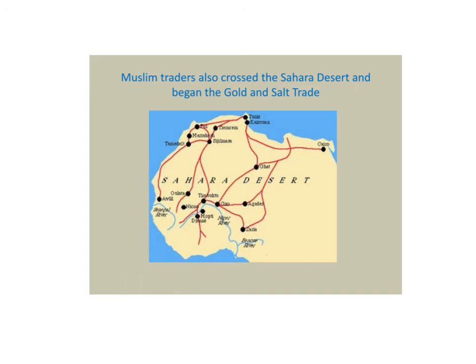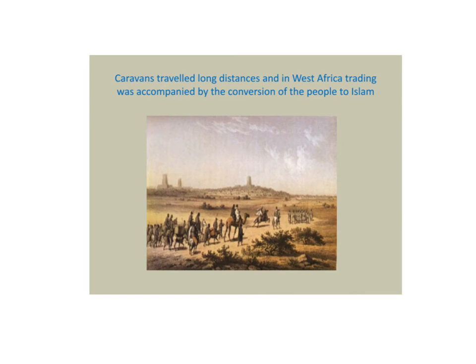Of course, that's not the only thing they brought with them, because remember, not only do we trade goods, we also trade ideas. So as these caravans traveled the long distances across the desert and came to these new places in West Africa, they were also trying to convert the people that they met into the religion of Islam.